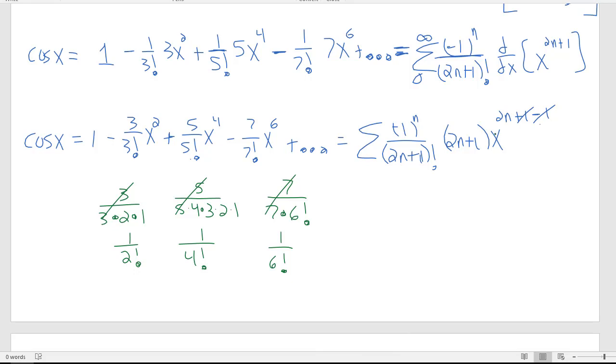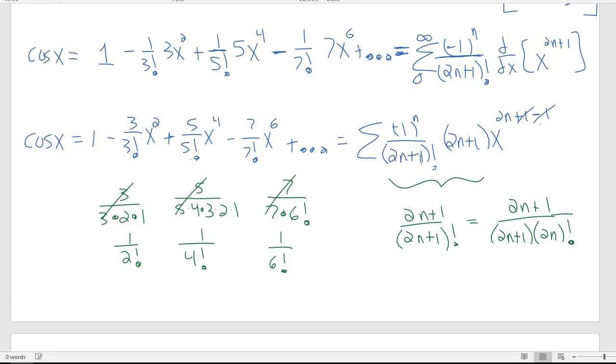Now if I look at the sigma notation over here, let me come over here to the sigma notation, I'm going to do the same thing. When I come back to the constants, the coefficients, with actual numbers, what I did was I pulled off the first number and wrote the remaining in factorial form. So when I look at 2n plus 1 over 2n plus 1 factorial, what I'm really going to do is pull off the first term in the denominator, and then I'm going to write the remaining numbers in factorial form.